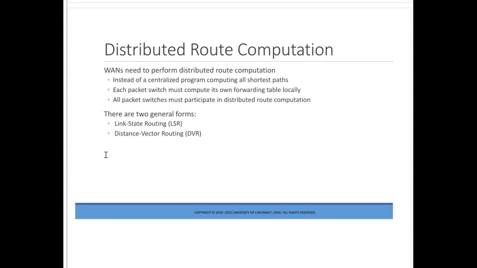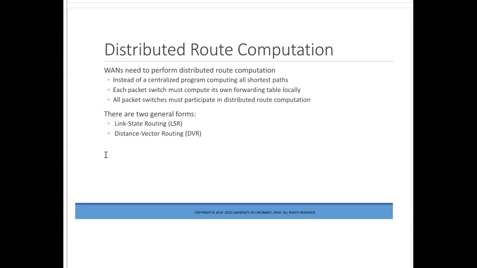All packet switches must participate in distributed route computation. All routers in an autonomous system under the control of one entity must participate in the routing scheme. Each autonomous system is configured with the same routing protocols.